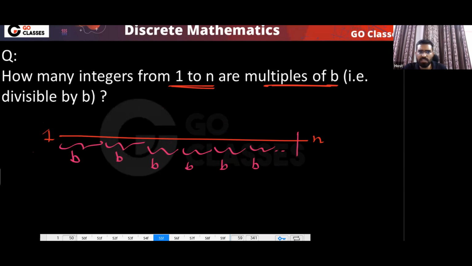Now, let's assume this is the last number which is divisible by b. Like this you are jumping, and this is the last number divisible by b. Then when I divide this n by b, I will get the actual answer, and the actual answer dot something extra.